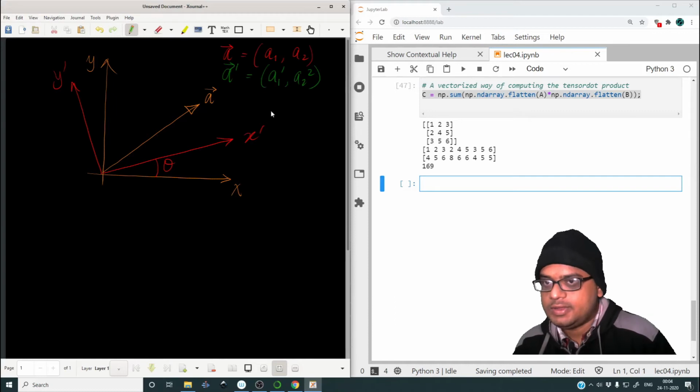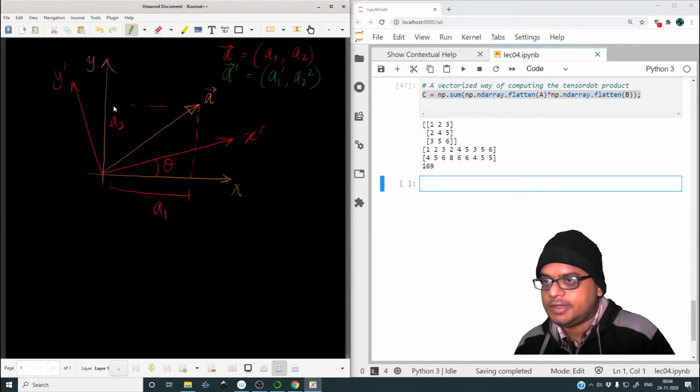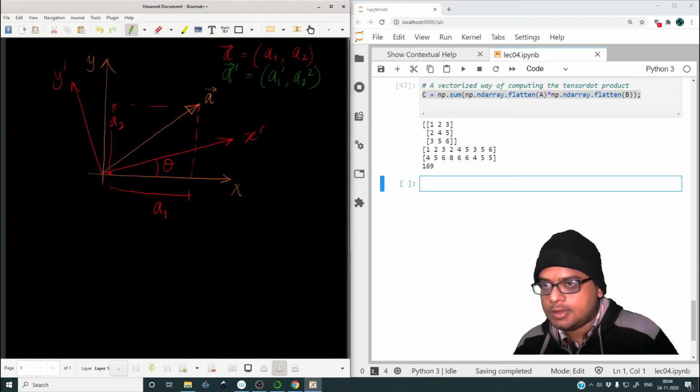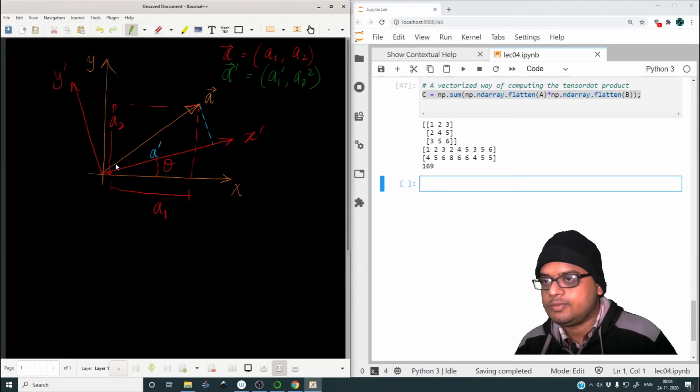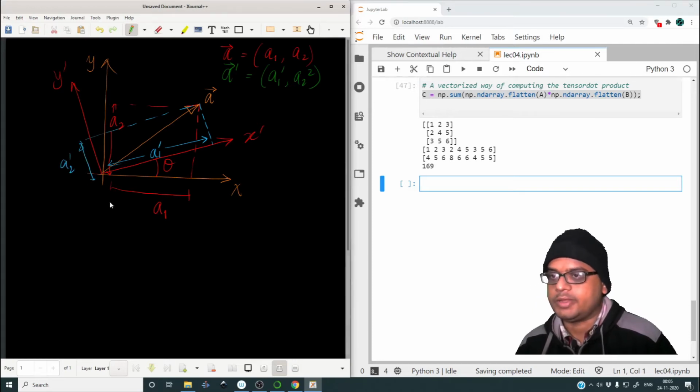So geometrically, this is A1 and this is A2. And this is A prime, A1 prime, and this is going to be A2 prime.